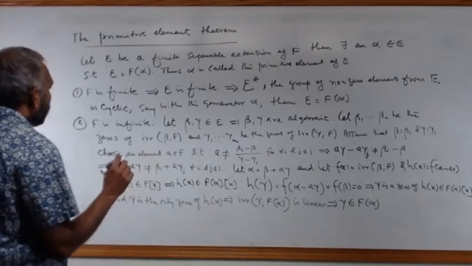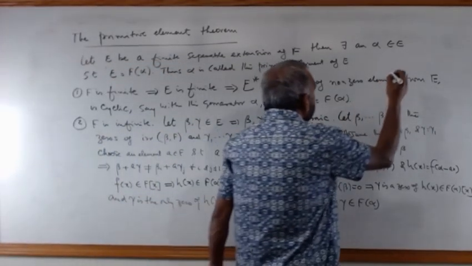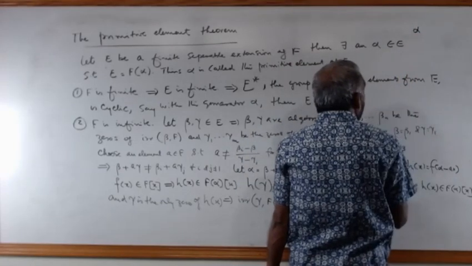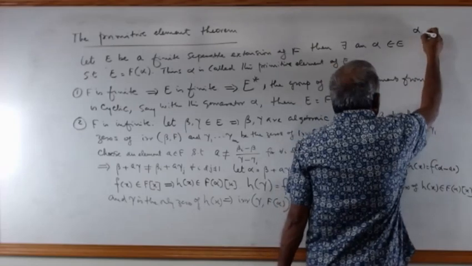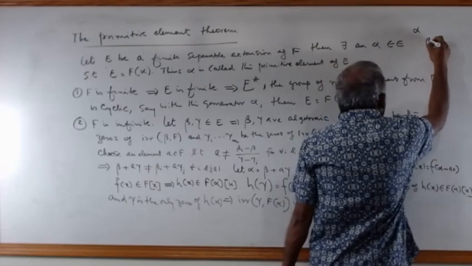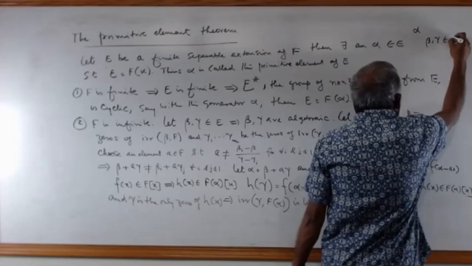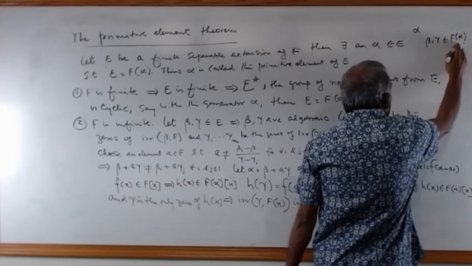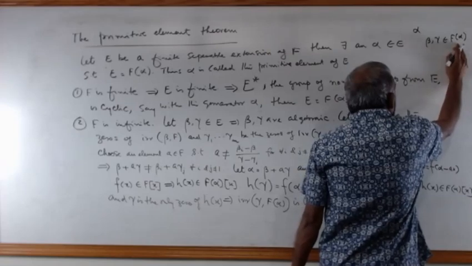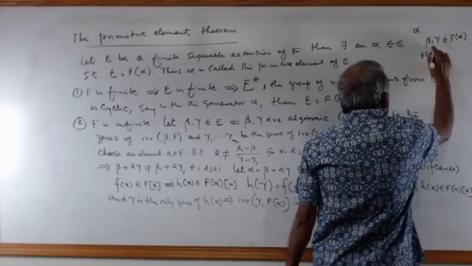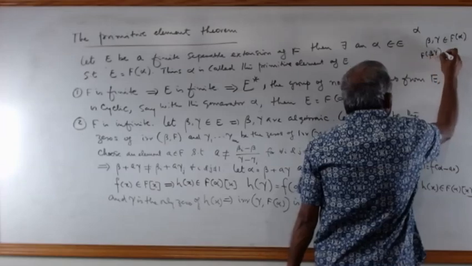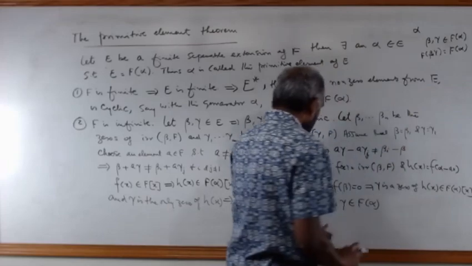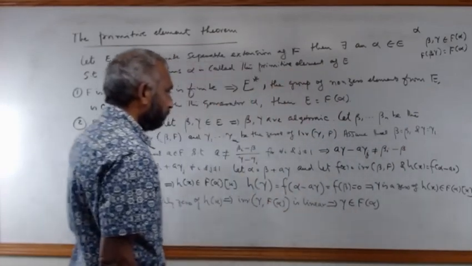So what we need to prove is: construct an element alpha and show that beta and gamma belong to f of alpha. If beta and gamma belong to f of alpha, that means f of beta comma gamma is equal to f of alpha. We have already reached gamma belongs to f of alpha.